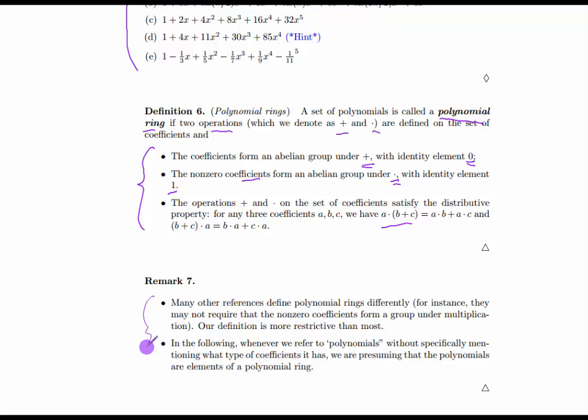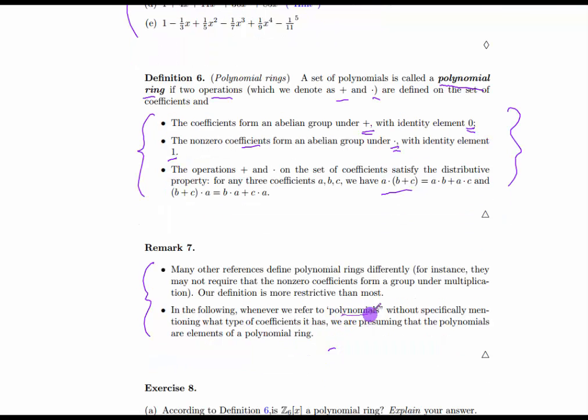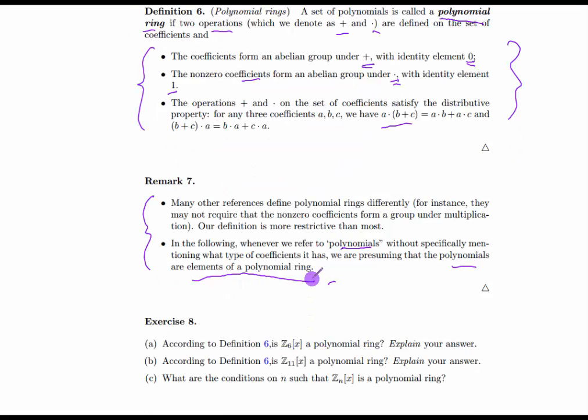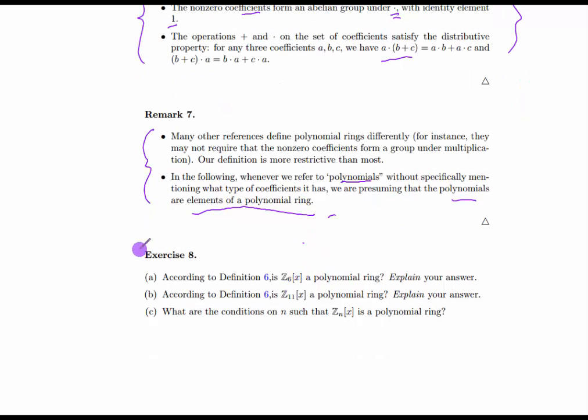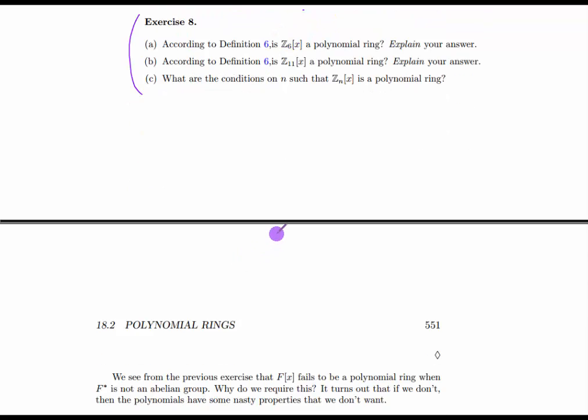Some remarks here that are important. Most other references don't have quite as restrictive a definition as this, but this is good for our purposes. In the future when we talk about polynomials, we'll be presuming that the polynomials are in a polynomial ring. There are polynomials that are not polynomial rings, and we'd explore that in this exercise.